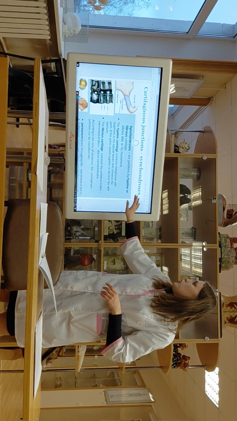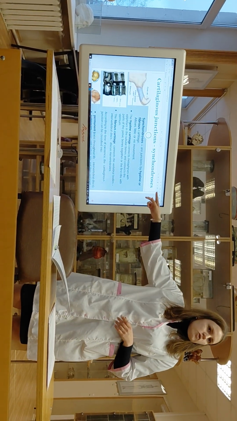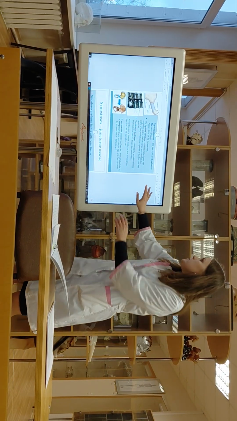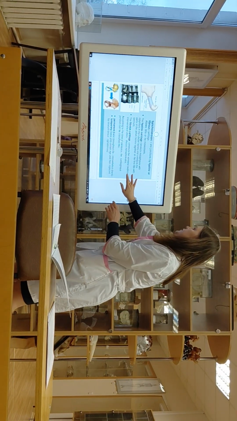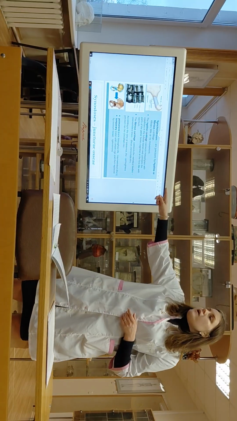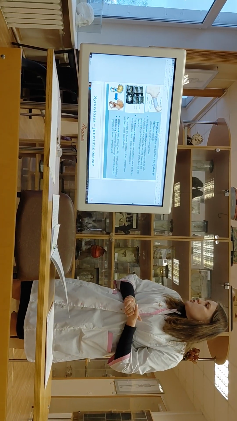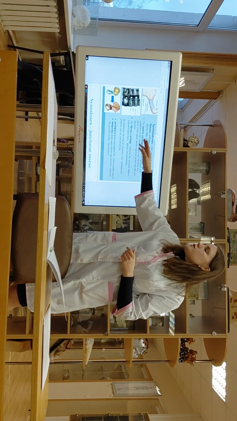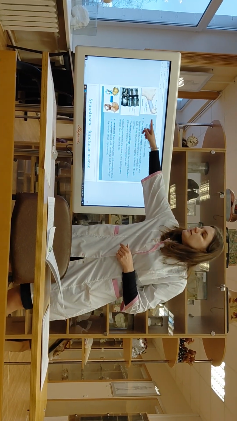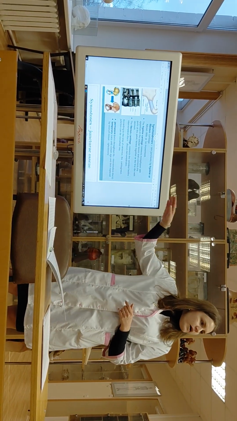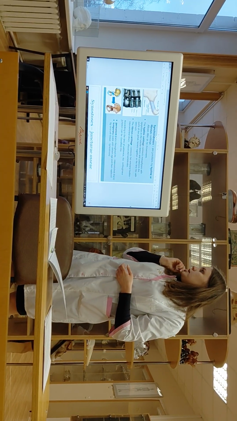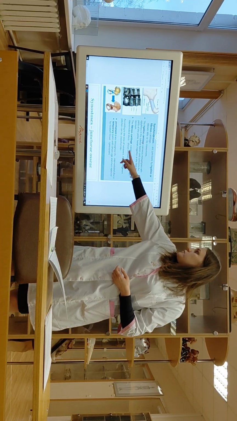Then the second group is synchondrosis. It is cartilage tissue, and we have 2 types of cartilage, hyaline and fibrous cartilage. An example is the intervertebral disc located between the bodies of the vertebrae, and this is fibrous cartilage.